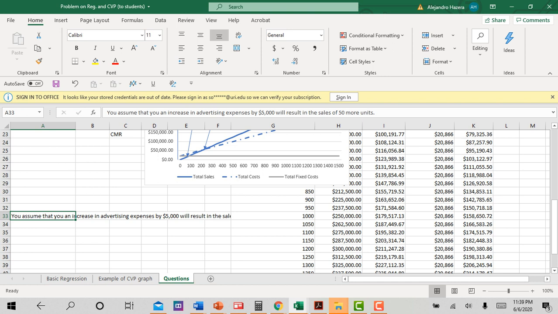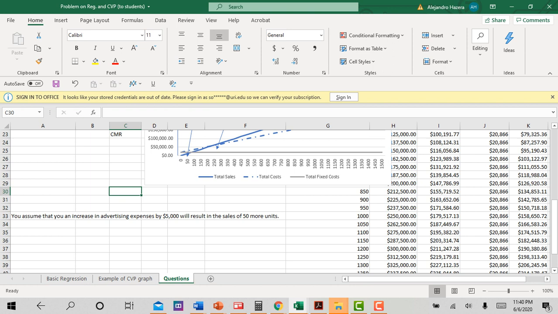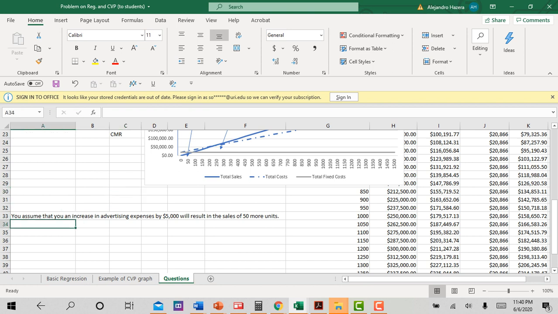Okay, so those are the parameters right there. You assume that an increase in advertising will result in the sale of this. Would this move be advisable?